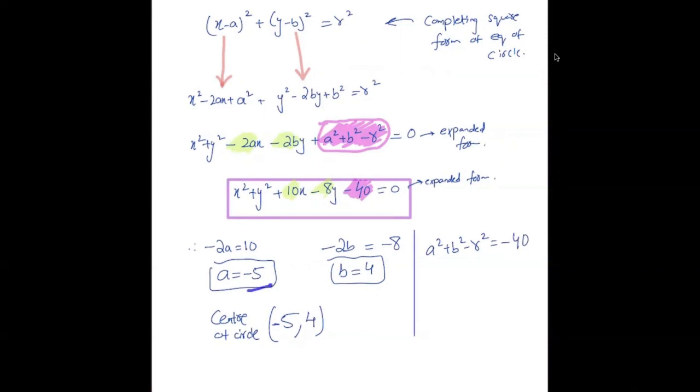We have the values of a and b, so we plug them in: minus 5 squared plus 4 squared minus r squared equals negative 40. 25 plus 16 minus r squared equals negative 40. Yes, sir, I understood. So what's the value of r going to be?